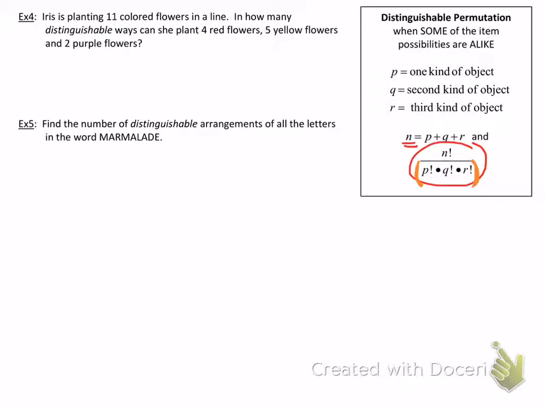So the first thing we want to do is say, okay, what is my N value? It said we had 11 flowers, and even if it didn't say how many flowers we had, just add 4 plus 5 plus 2, and that gives you your 11, your total. So my equation would be 11 factorial over 4 factorial times 5 factorial times 2 factorial.